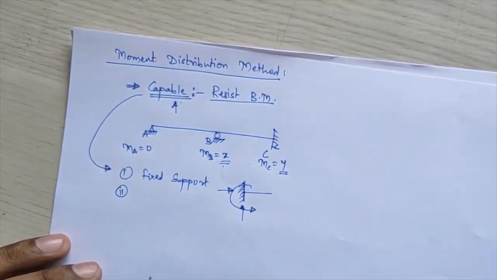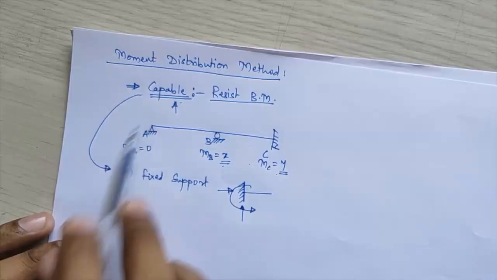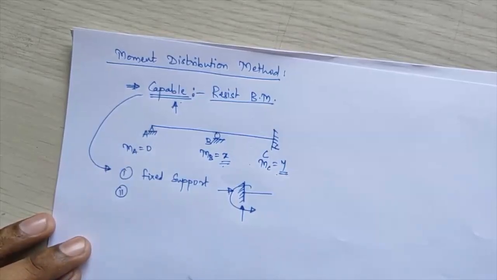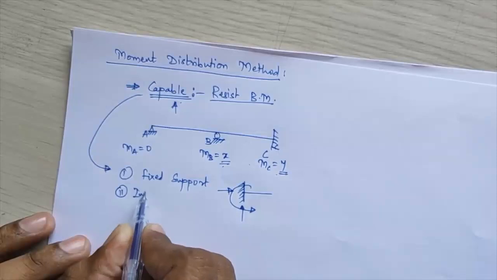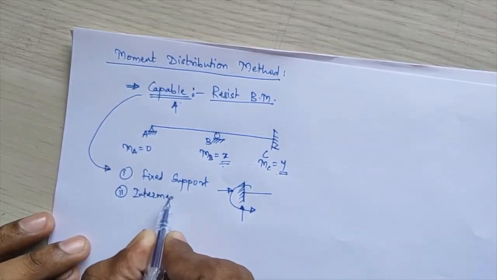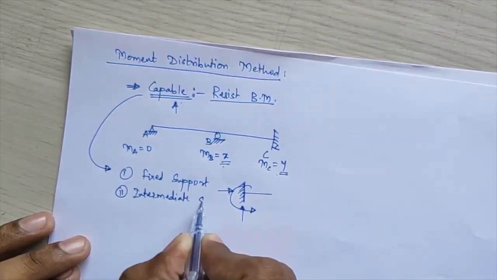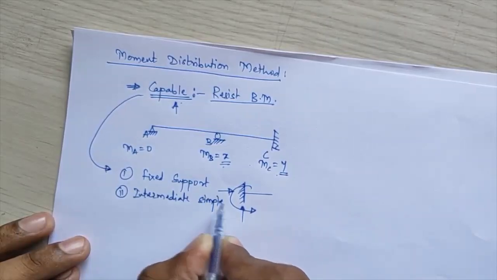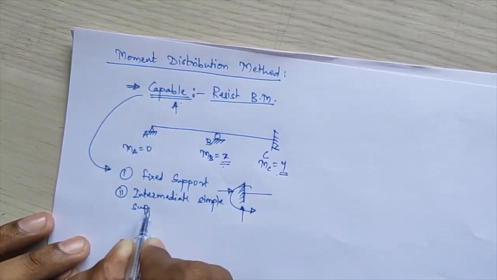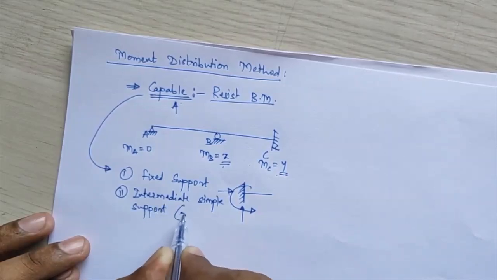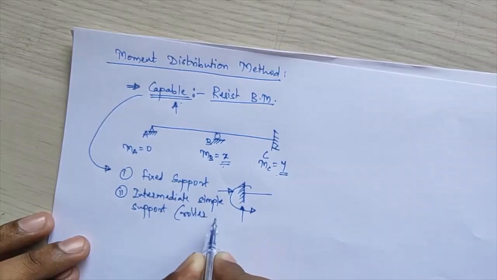The second type of capable support is the intermediate simple support. Simple support means that it may be a roller support or a hinge support, roller or hinge.